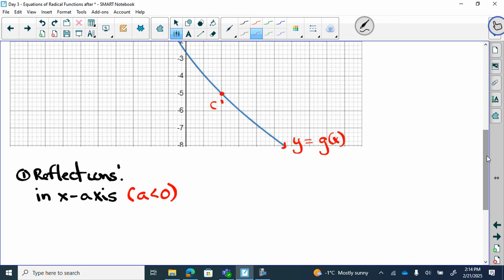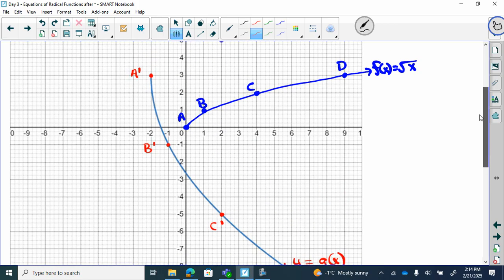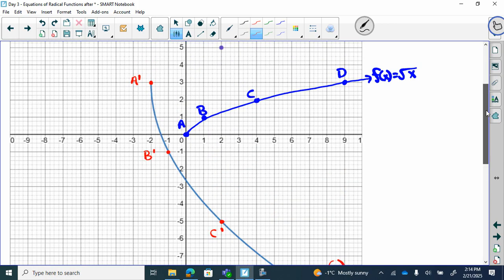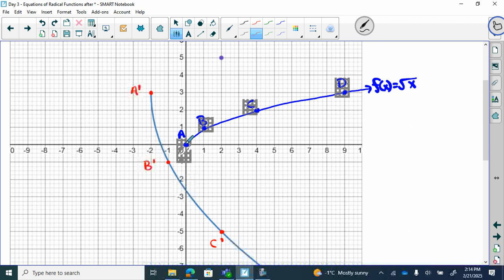Let's check to see if it's reflected in the y-axis. If this was reflected in the y-axis, this point wouldn't change. That would be A prime. Remember, if you reflect in the y-axis, you multiply the x-coordinate by -1. So 0, 0 would remain 0, 0. But what about 1, 1? -1, 1. And 4, 2 would become -4, 2, and then -9, 3.